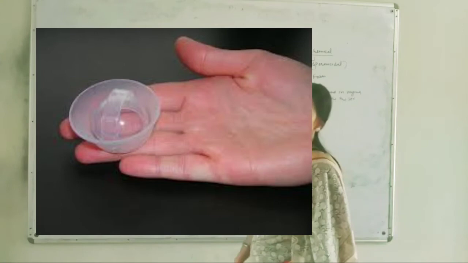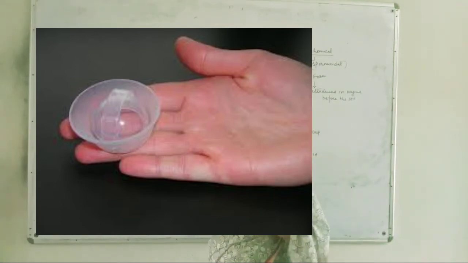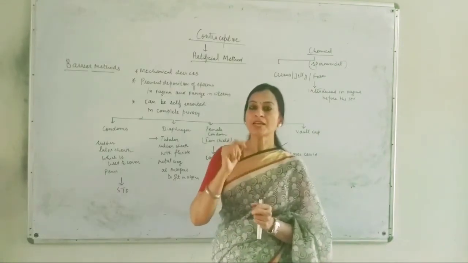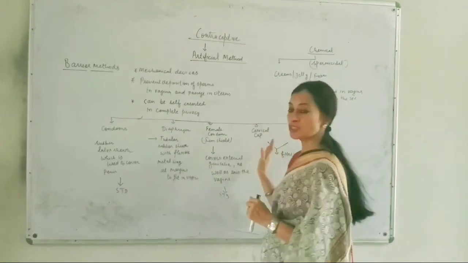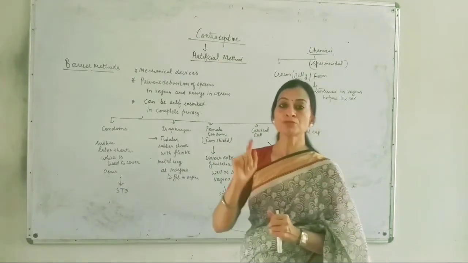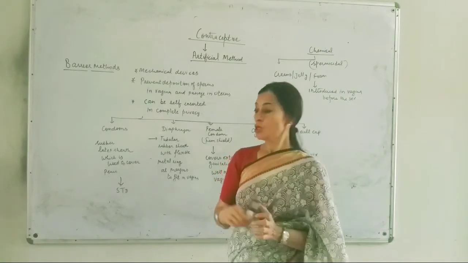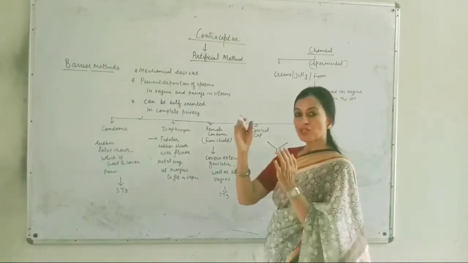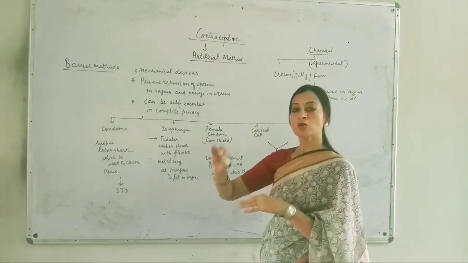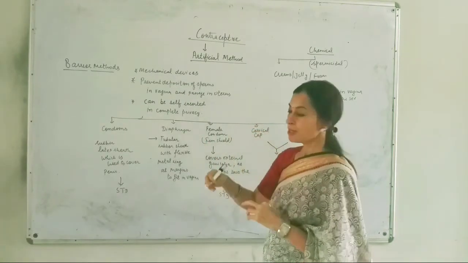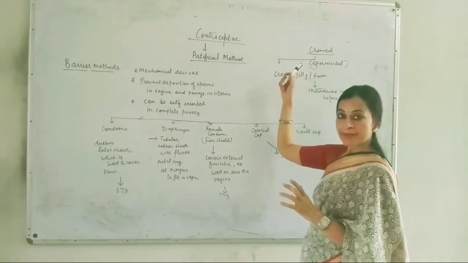This means the sperms will enter the vagina, but from the vagina they are not going to enter the uterus. These two structures prevent entry of sperms into the uterus. So these are the barrier methods which do not allow the sperms to enter either the vagina or the uterus.